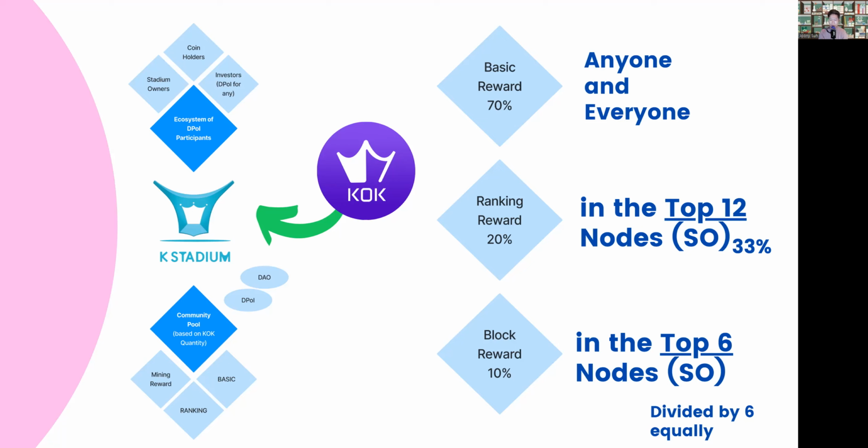So the foundation, through K Stadium, is really doing a two birds, one stone strategy. One benefit is the very quick and timed reduction of supply of KOK, and they're locking the tokens out of circulation. And then the rewards that they give out are going to be in the KOK coin.